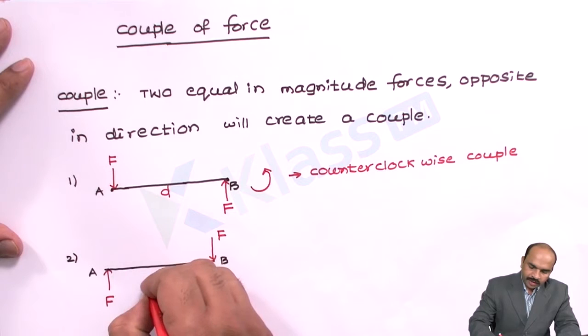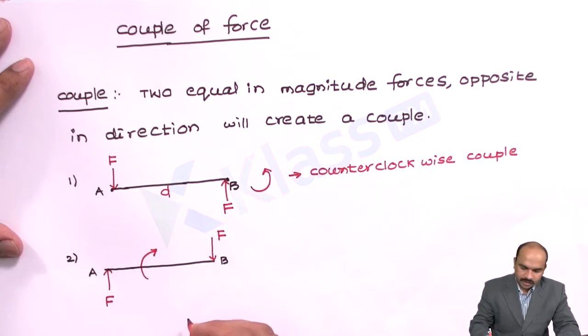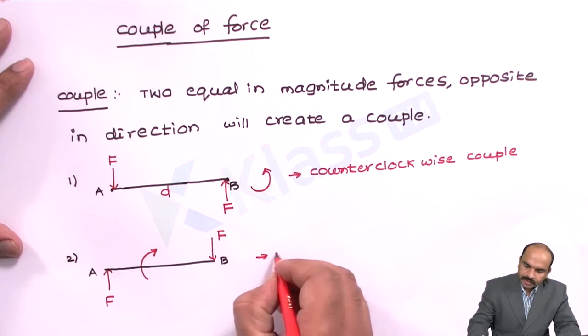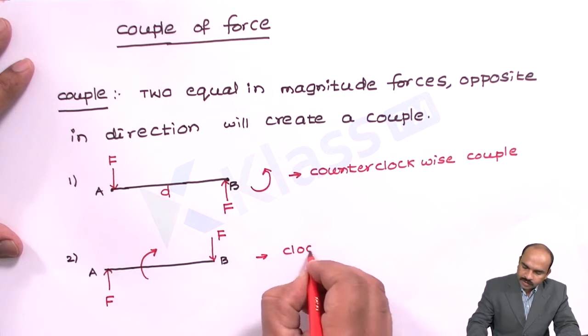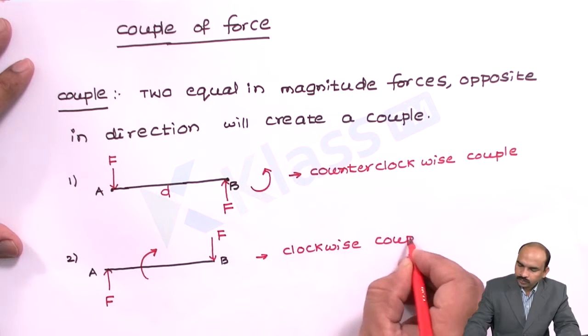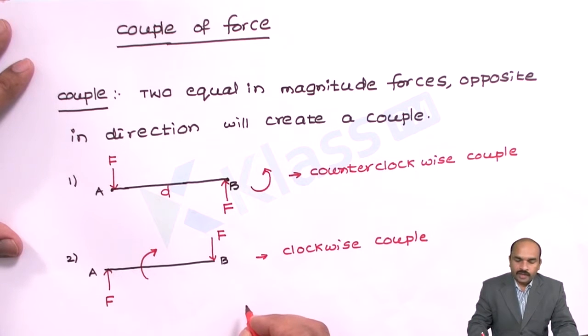Now we can see it will create a clockwise direction couple, because the force at A is upward. So this is known as a clockwise couple. These are the two types of couple that a given force can create.